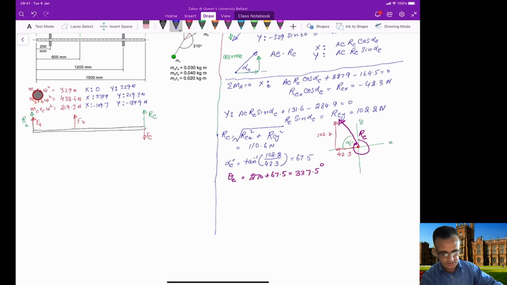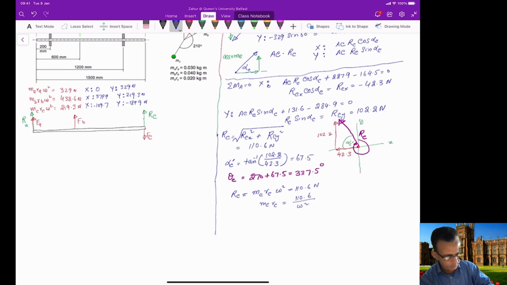As you know, from these equations, if you are given this RC, so RC means that MC RC omega square is equal to the value that we calculated here, which is 110.6 Newton.